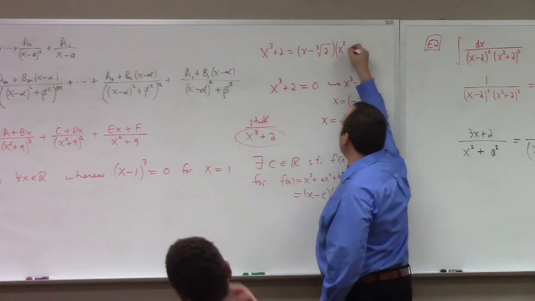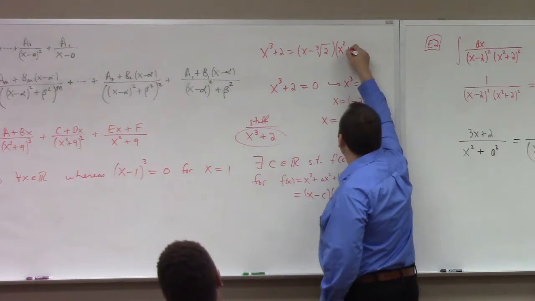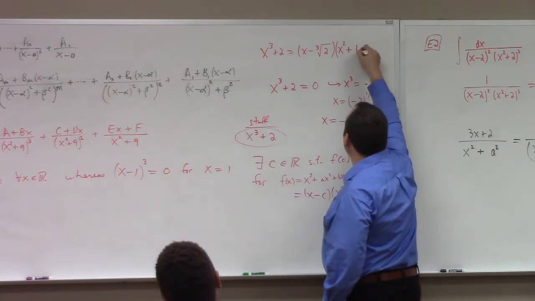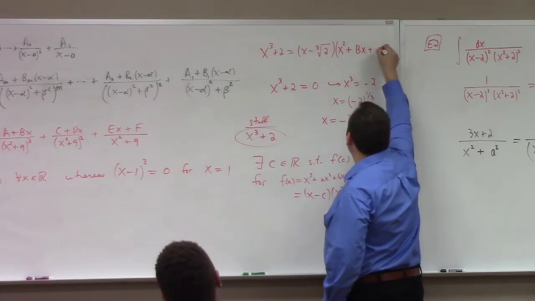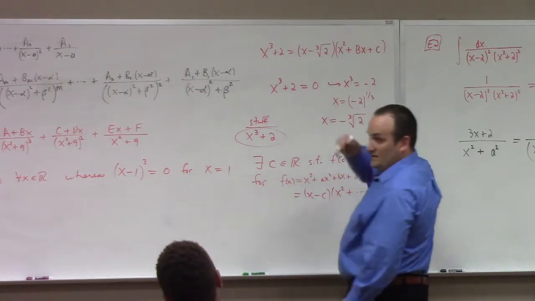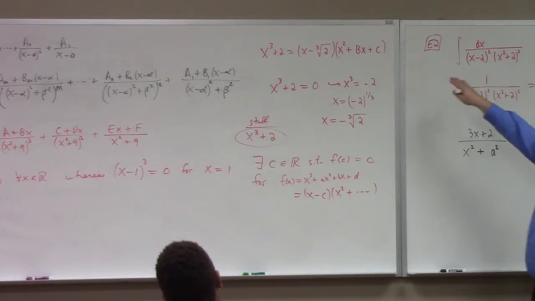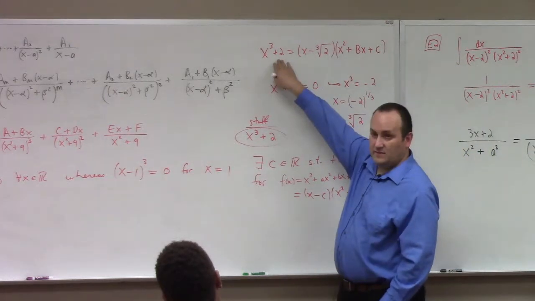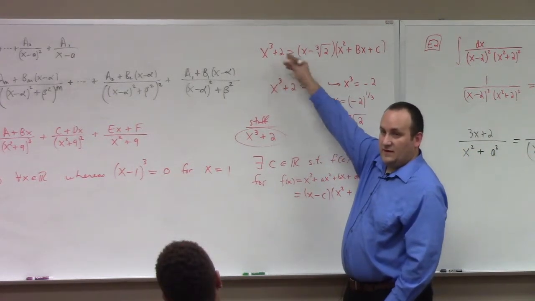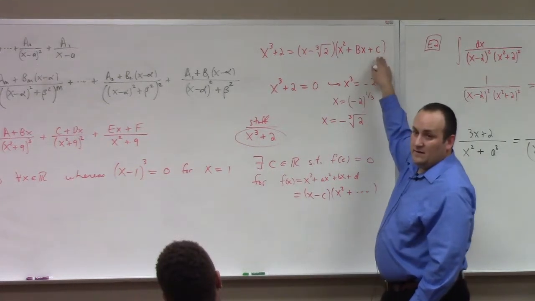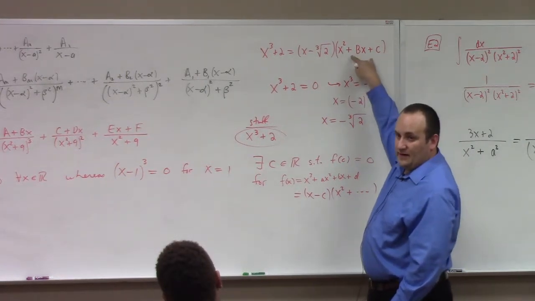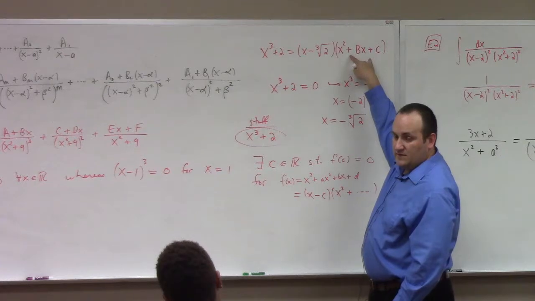And then the suffering: you've got something, let's say bx, and then plus c. Now what are b and c? It's ugly, but you could figure it out because this has to multiply out to give that. So you could actually figure out what b and c must be, at which point you're going to be able to tell whether that is a quadratic which can be factored or not.